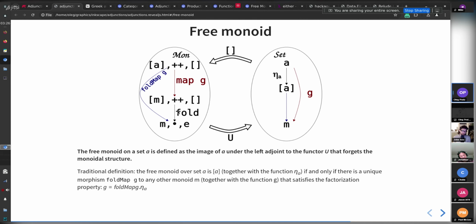You can also see that fold equals foldMap of identity. So if we take g to be identity and A to be the same as M, fold is going to be foldMap of identity.